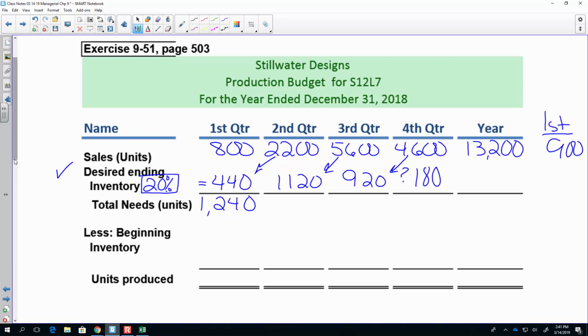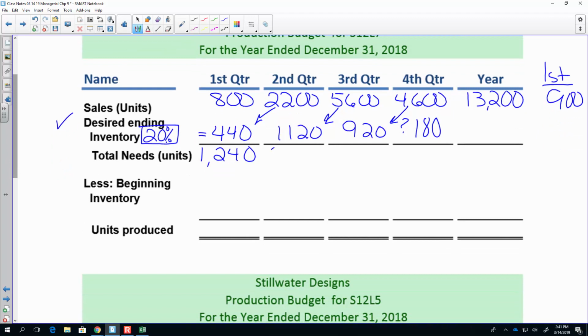So I'm going to have 3320, 6520, 4780, and what's the year amount? The 180. Very good, Carla. So this number comes flying over to the year column. So then we end up with 13,380 total needs.